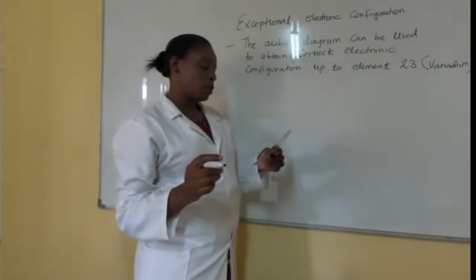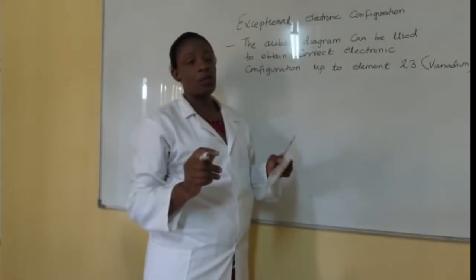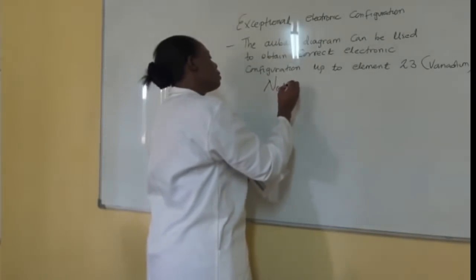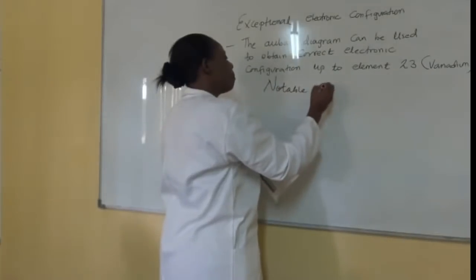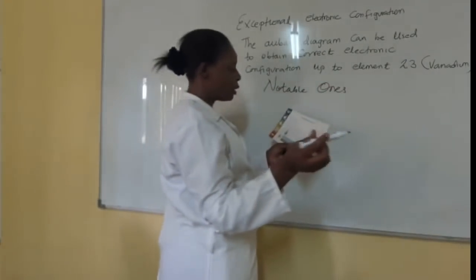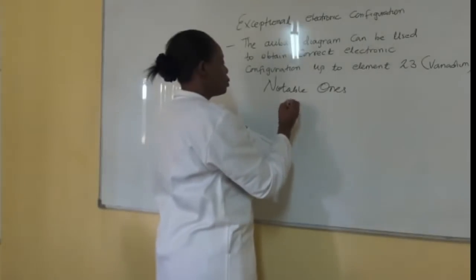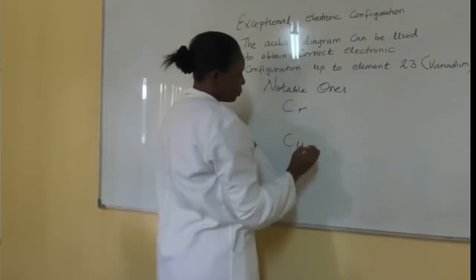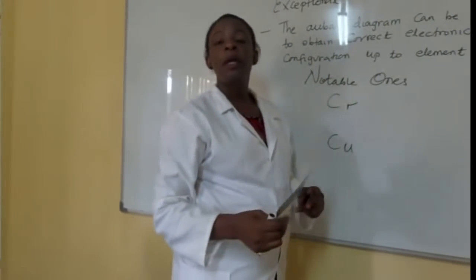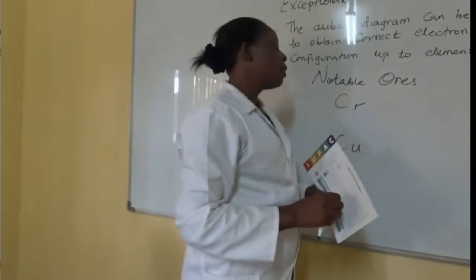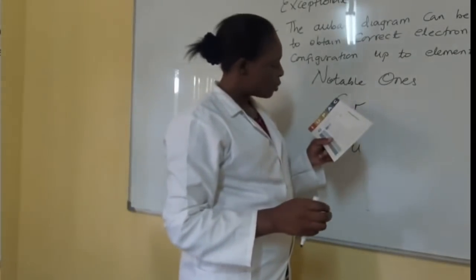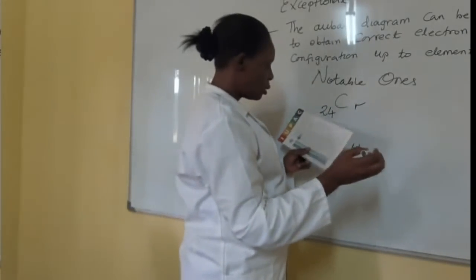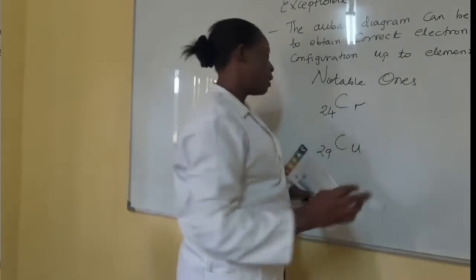After which there are some exceptional cases which are notable. And notable ones include chromium and copper. Okay, these are the notable cases. Okay, so you see that chromium has 24 electrons, copper has 29 electrons.